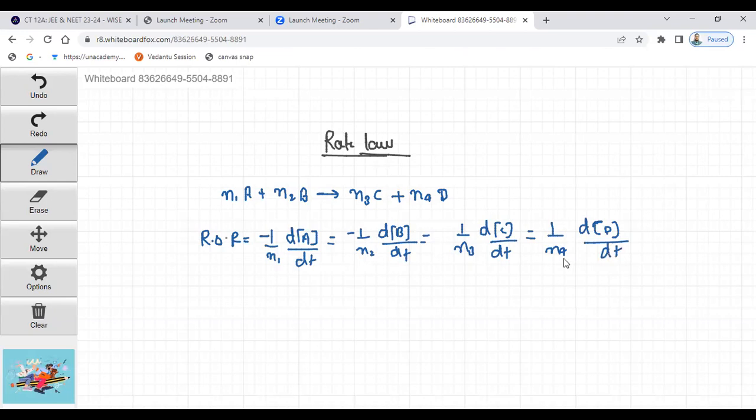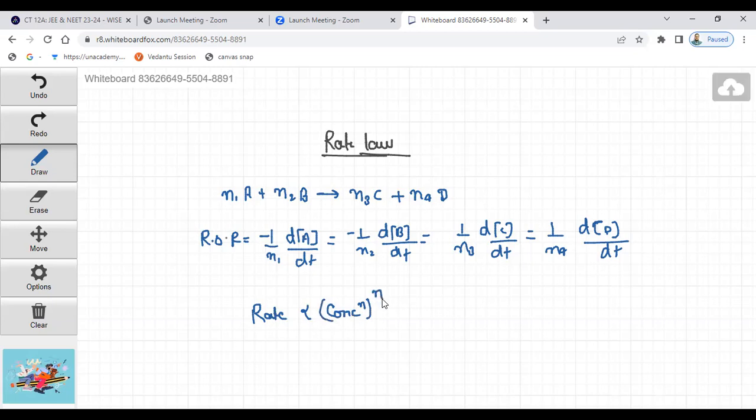But the rate law explains that we can write the rate of any chemical reaction with respect to the reactants. The rate value is directly proportional to the concentration of reactant to the power n.